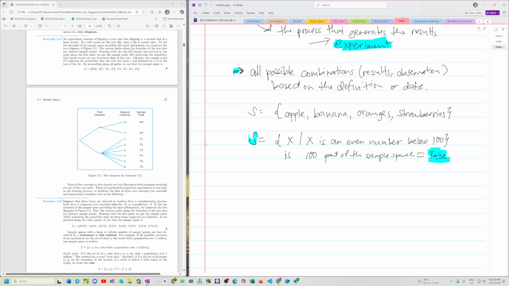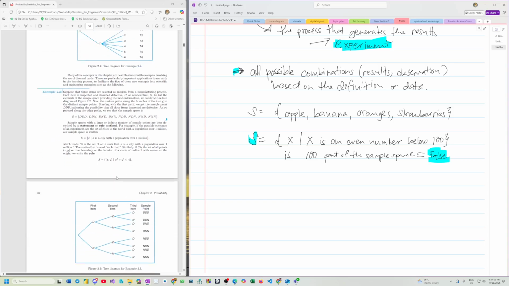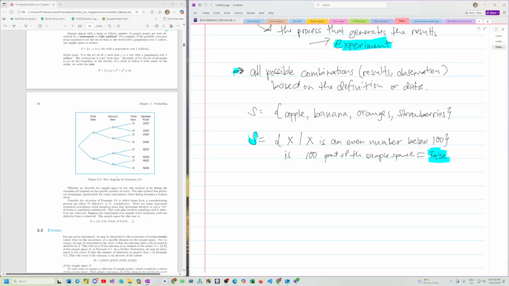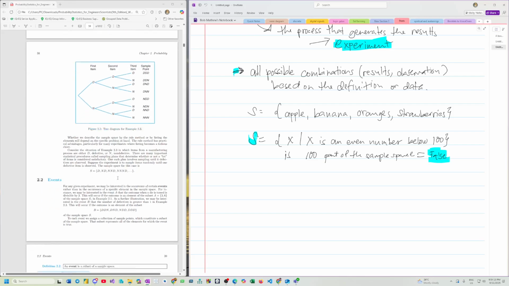So that is what we mean by sample space. It is strictly a definition or a set of items. That is why whenever we do sample space, we need to be careful about how it was defined, or if you can see a pattern, or how it is done. So that is a sample space.